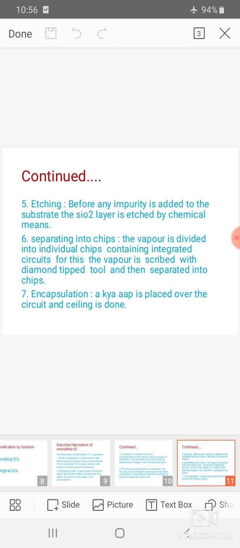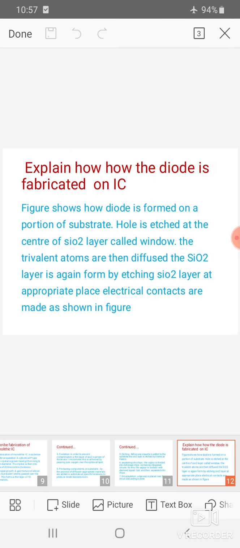Then separating into chips: after the fabrication of the components, the small chip is separated from the wafer by cutting it using a diamond tipped cutter. Then encapsulation, which is nothing but fixing the insulating material, for example plastic casing, on the chip.